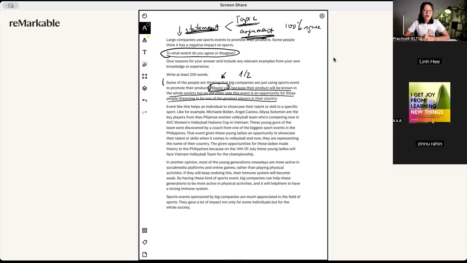Great. So again, I'm not sure because I haven't checked all the submissions for this Band-Aid challenge yet. But if you haven't written the essay or submitted your writing, you can still submit, okay?